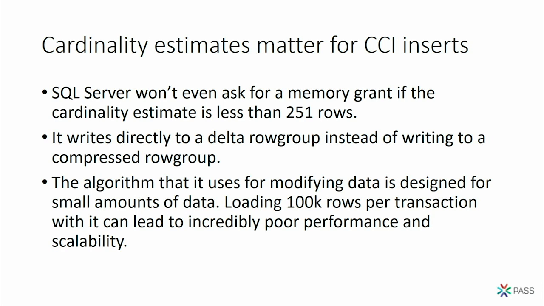So with Columnstore, SQL Server has different algorithms that it can pick from. It thinks the estimate's very low. It picks an algorithm designed for a very small estimate, and then that's not what's happening. So we get very bad performance, we get very bad scalability. We've tricked SQL Server into doing the wrong thing.